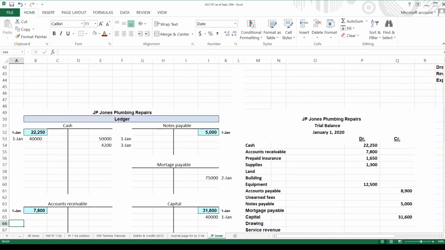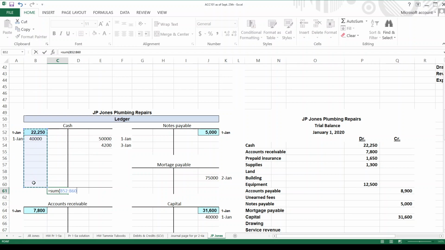All right, now most of the accounts are not going to have a lot of activity. Cash will have a lot of activity because there were numerous collections during the month, okay? And there was a bunch of payments. So when you get to the end of the month, when you've posted everything, you want to add up the debit side, including the beginning balance.